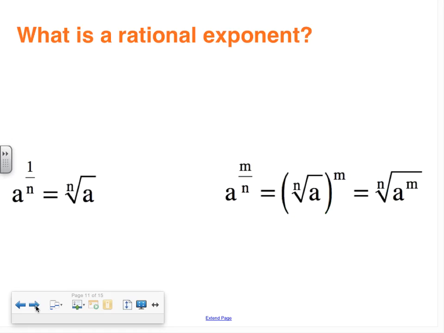What is a rational exponent? Well, it's an exponent that can be expressed as a fraction, where m and n are integers and n is non-zero.